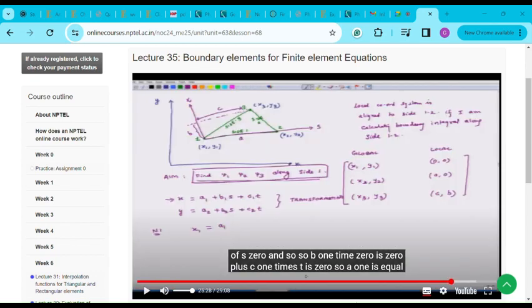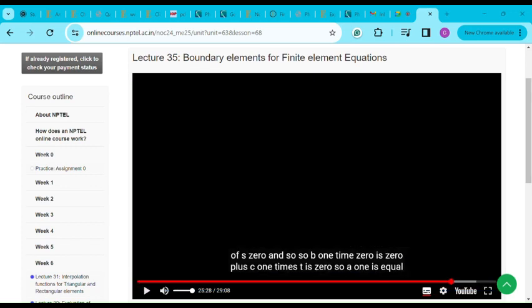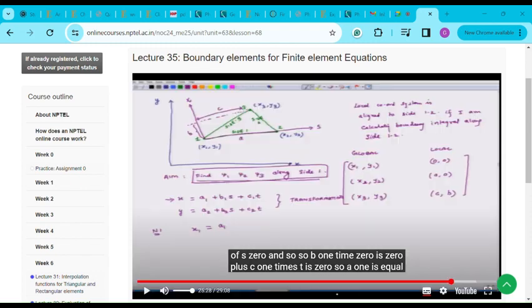Whatever transformation we take, we want to take linearly. Generally, at least in engineering, we never go to non-linear transformations. We always stick to linear transformations.